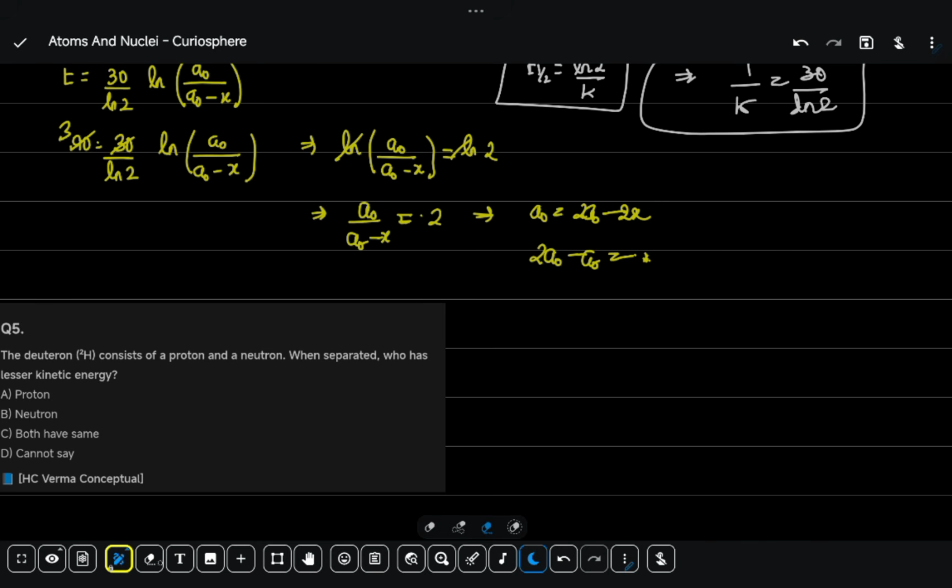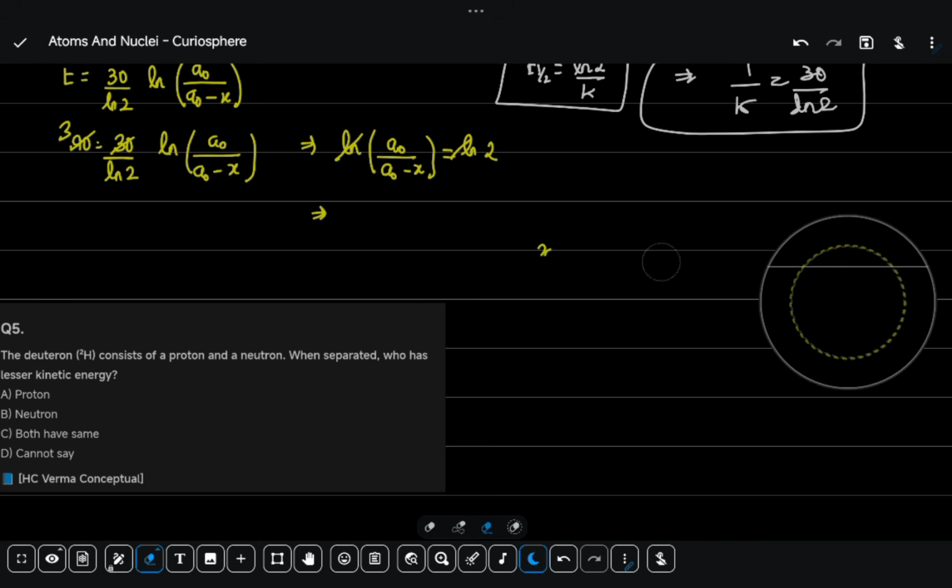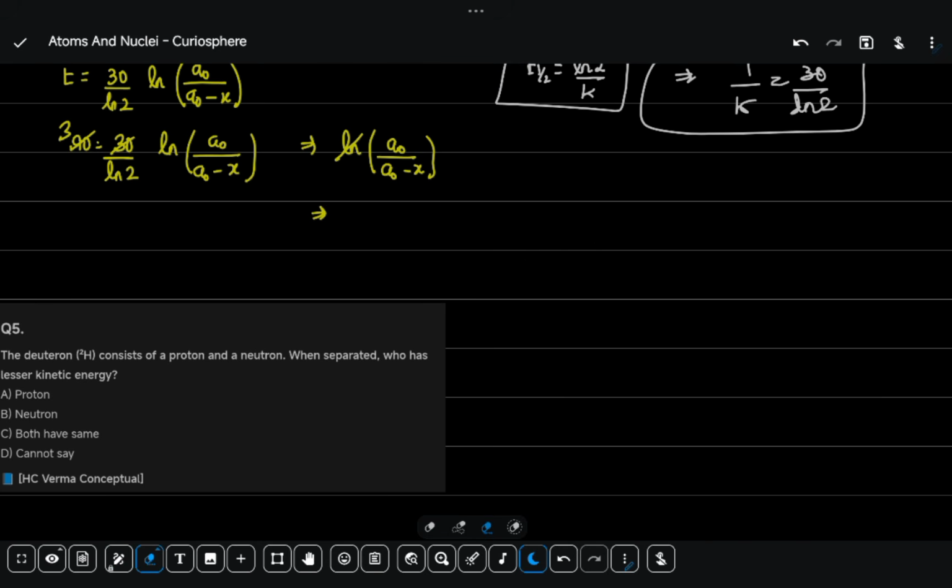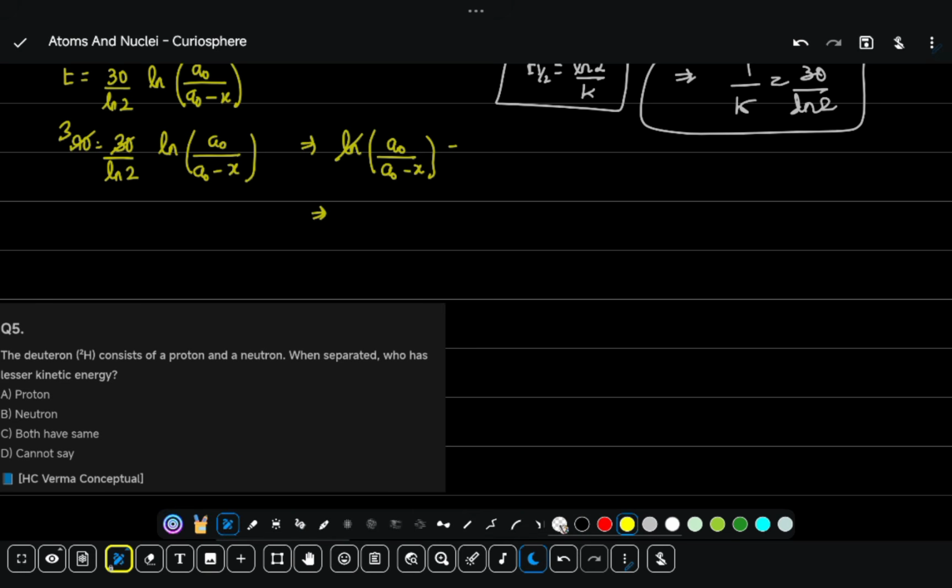Oh wait, we forgot there is a 3 with the ln here. See, there's a 3 here. 3 ln2 will become ln 8. See, 3 ln2 is nothing but ln 2 cube, that is ln 8.